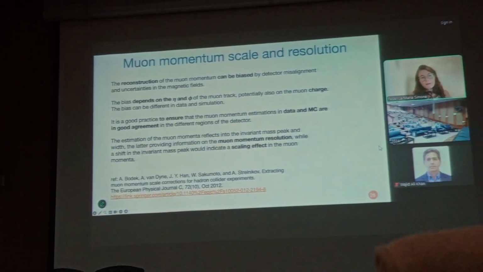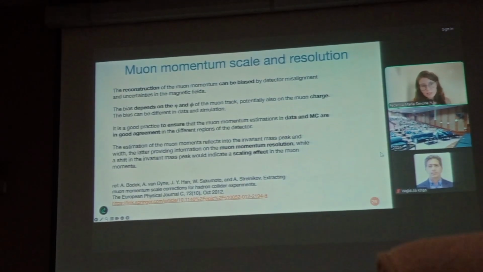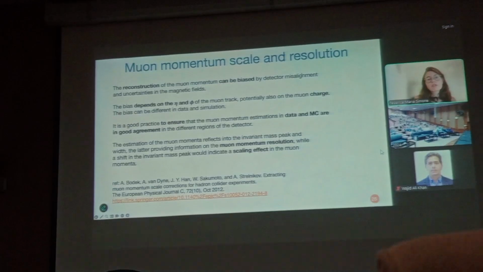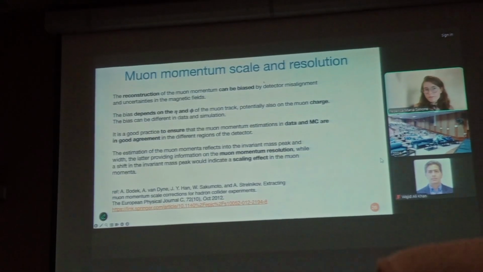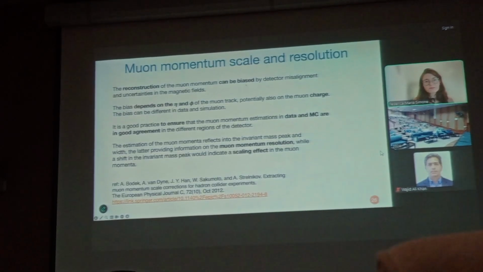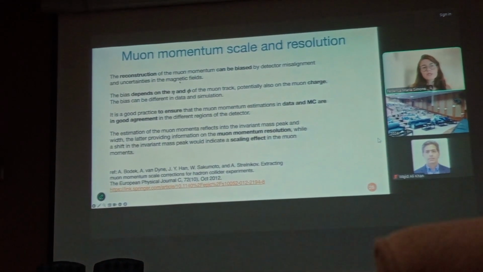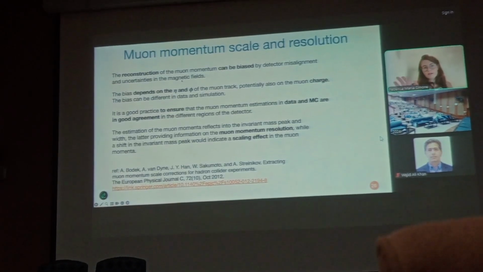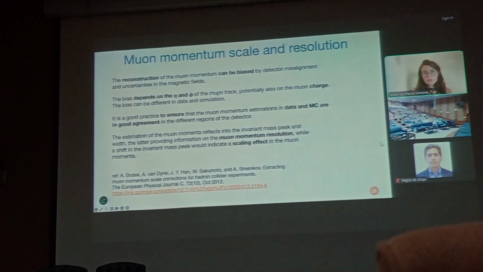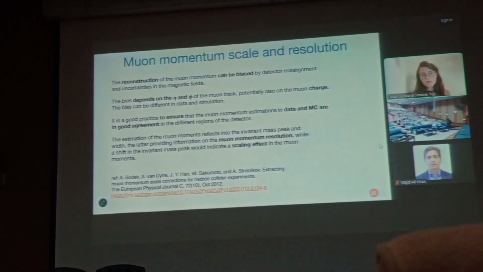What can happen, especially when comparing data and simulations, is that you don't perfectly know the detector alignment, or you don't perfectly know the magnetic field. These two effects typically cause a bias in the track reconstruction that depends on the muon charge, because you can have a different bias depending on the curvature of the muon.